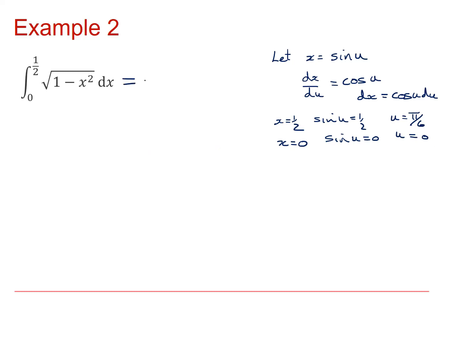So I can now do my substitution, transform the limits, substitute 1 minus sine squared u, and then it's times cos u du. 1 minus sine squared is cos squared square rooted. I'm just going to get a cos from here. I've got another cos here, so this gives me the integral between 0 and pi by 6 of cos squared u du.